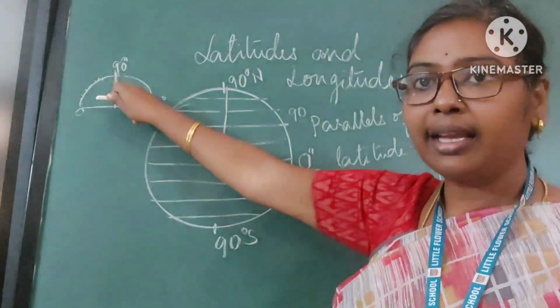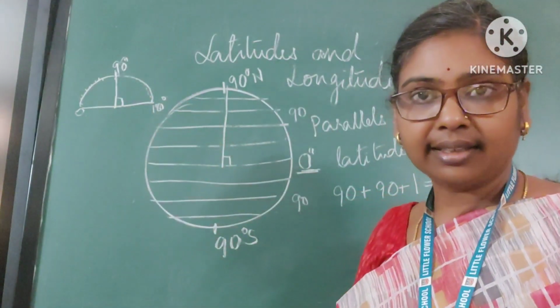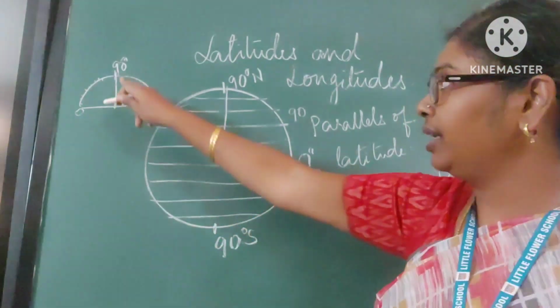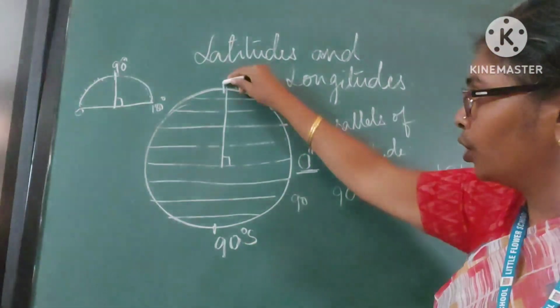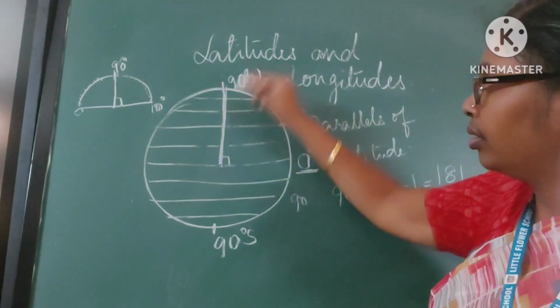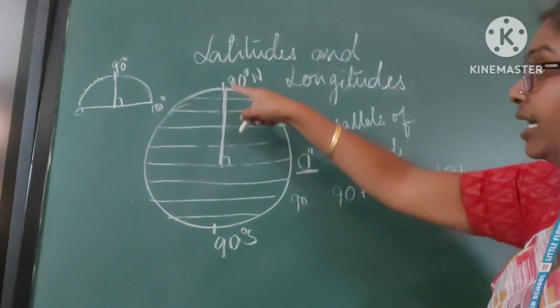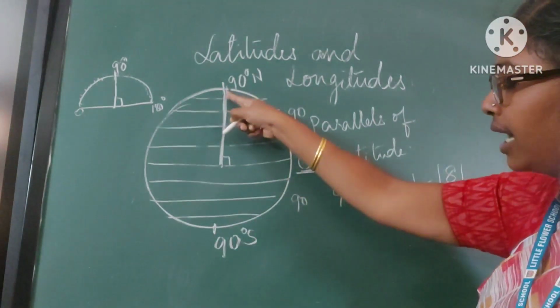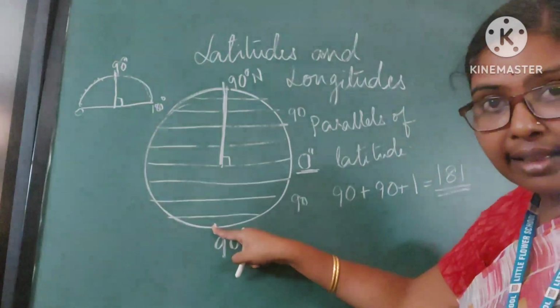So the highest point which can be reached is the 90 degree angle. So 90 parallels of latitude in the northern side and 90 parallels of latitude in the southern side.